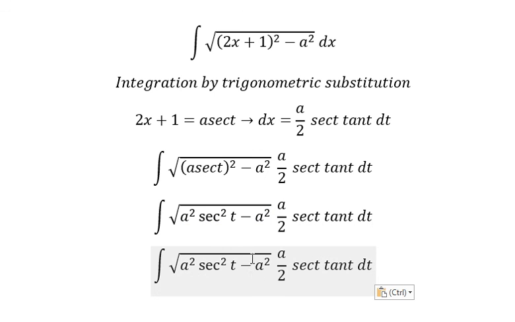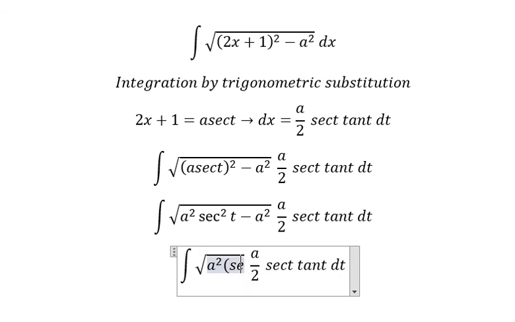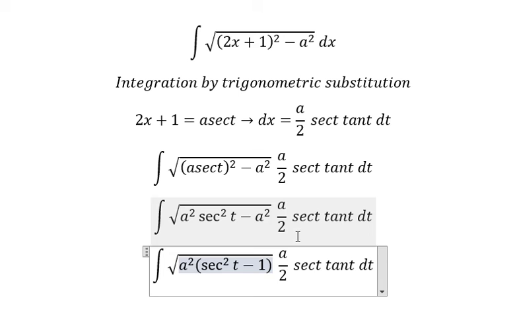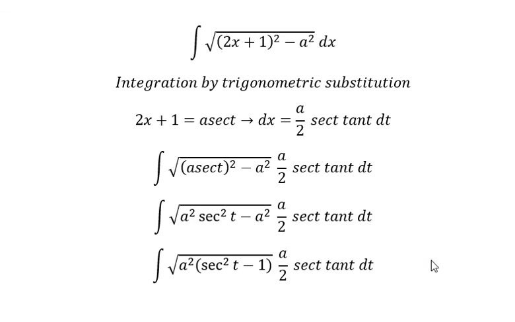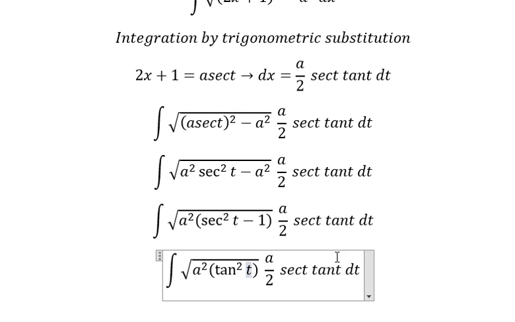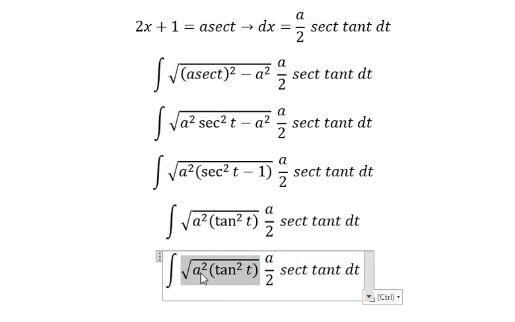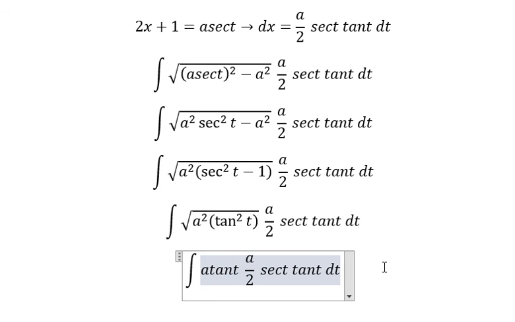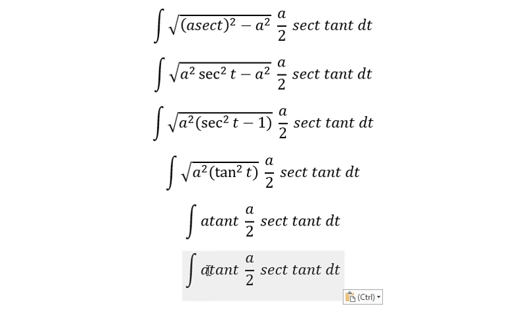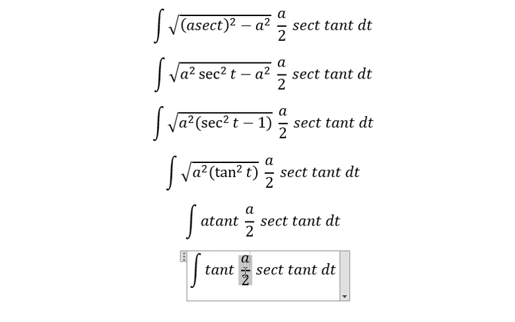A square and a square we can do factorization. This one we change for tan t square. The square root of this one you get a tan t. 8 and 8 over 2, you get a square over 2, and I will put this one outside.